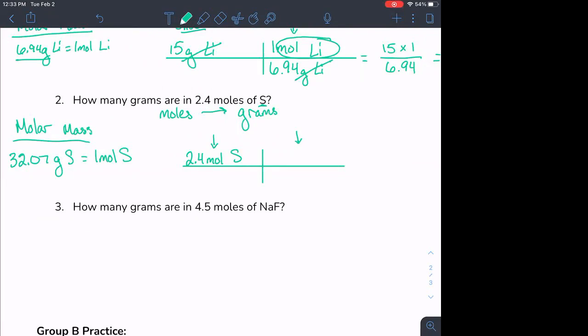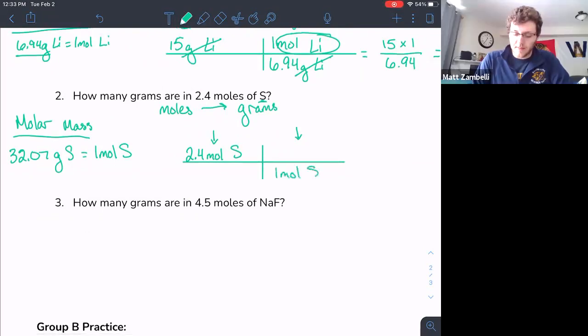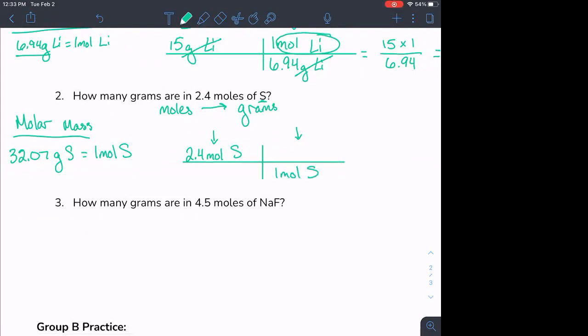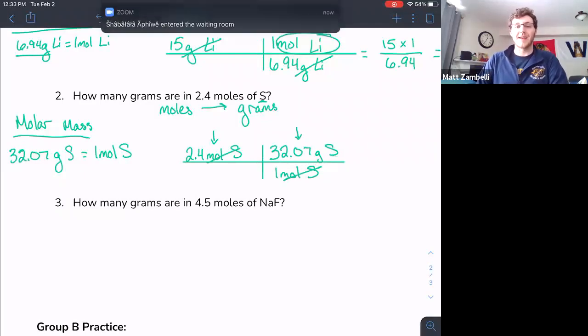The 1 mole of sulfur goes on the bottom. All right, and why are you saying 1 mole of sulfur on the bottom? So we're left with just grams. Exactly. So these units of moles are going to cancel out here, and we can be left with just the grams that are on top. So those are the only units we have left, meaning those are the units that are going to be on our final answer.